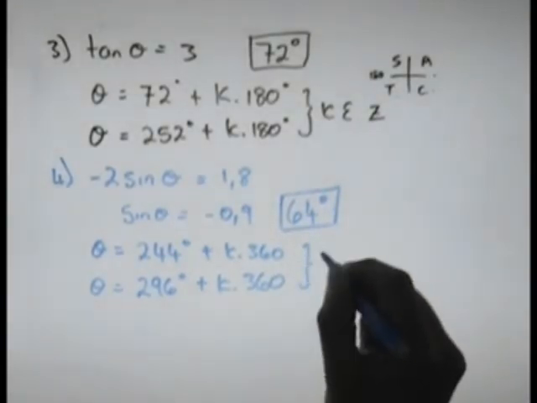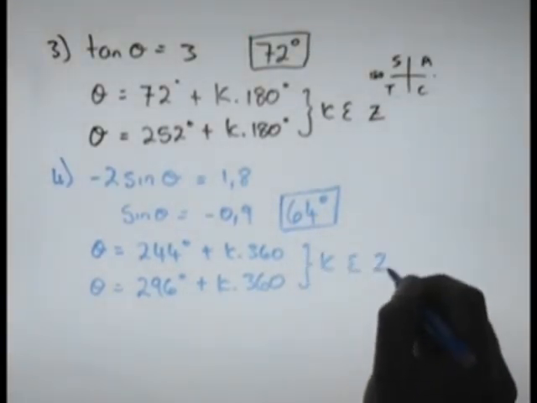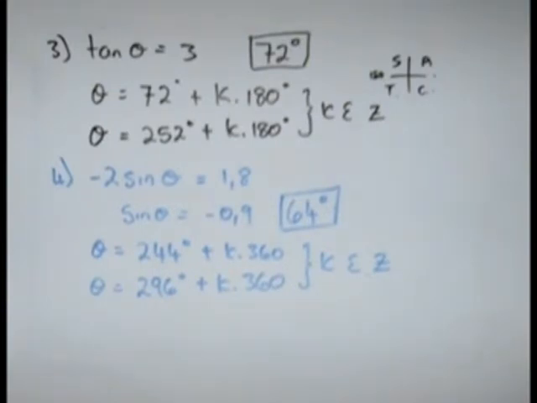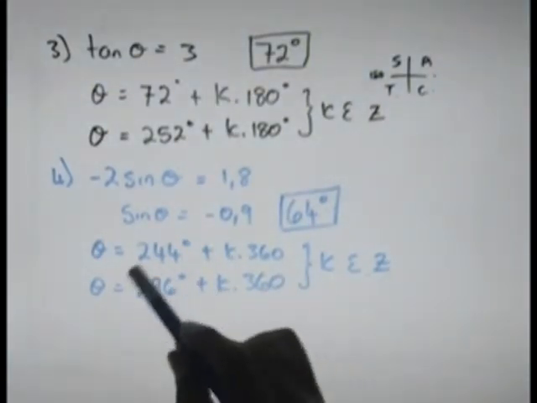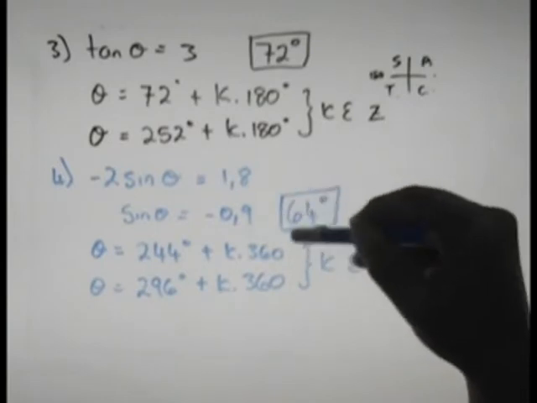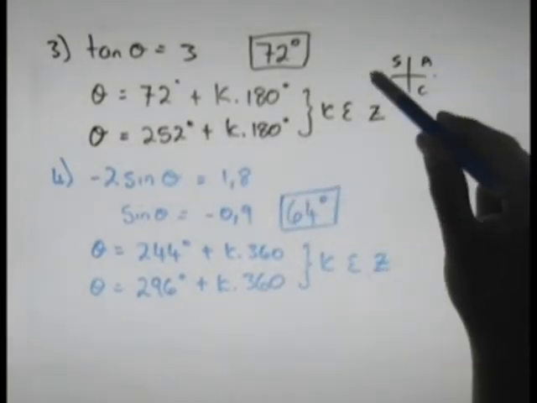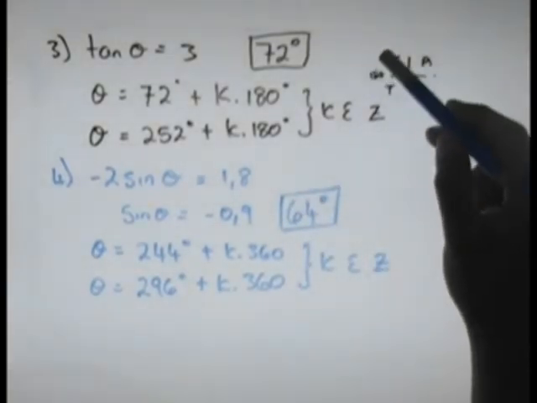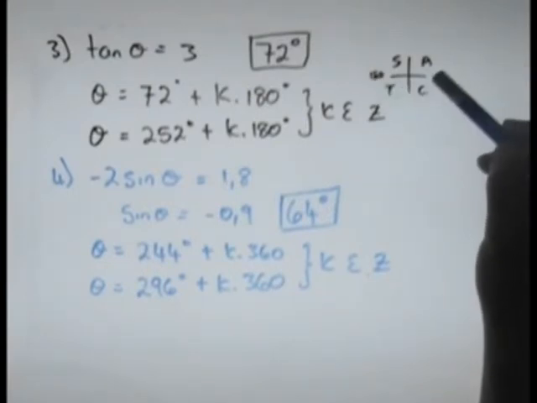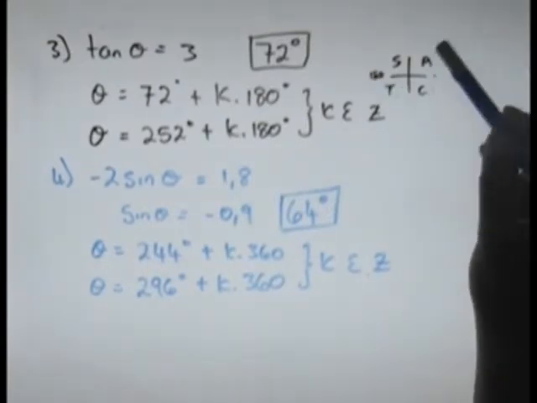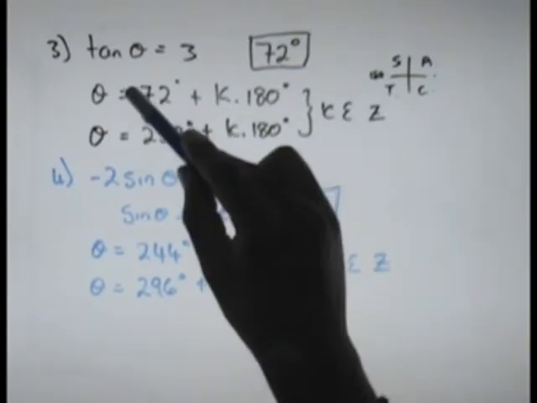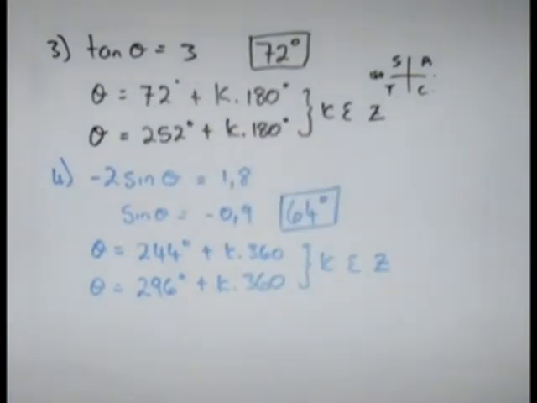All of these happen when k is an element of integers. Notice that we are using basic reduction, and we're using x reductions, either 180 minus, 180 plus, or 360 minus. And in the first quadrant it's 0 plus, so we don't bother to put 0 plus, we just put the reference angle.